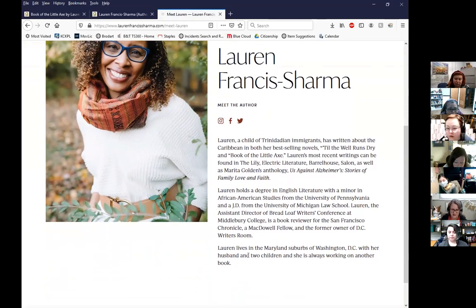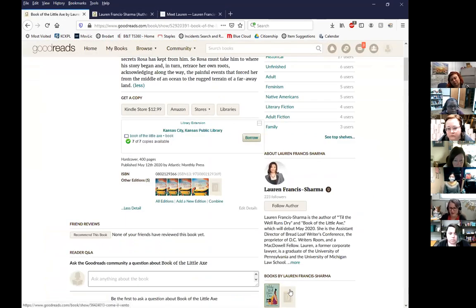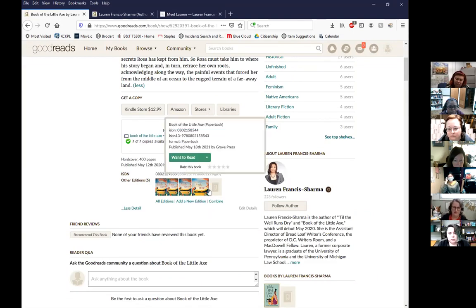It went on to say that she lives with her husband and 2 children, so I did put her then as heterosexual. I will say that for some of the authors, if I didn't find anything, I would just Google their name with wife or husband to see if I could find anything about them. And if I couldn't, then I would put unknown since it's hard to tell.